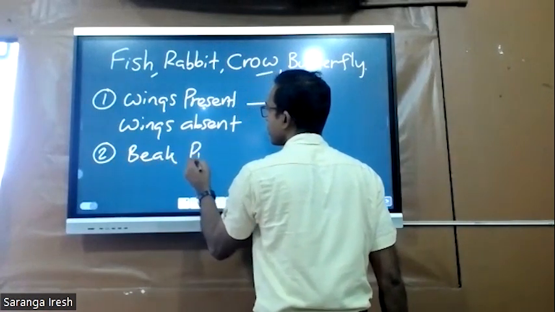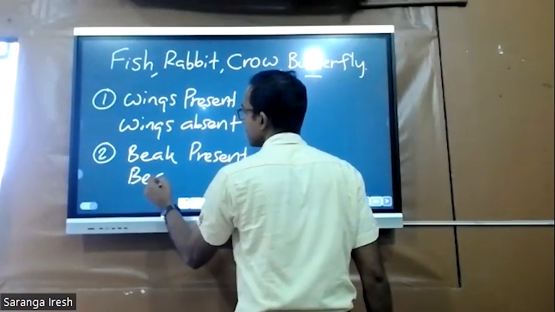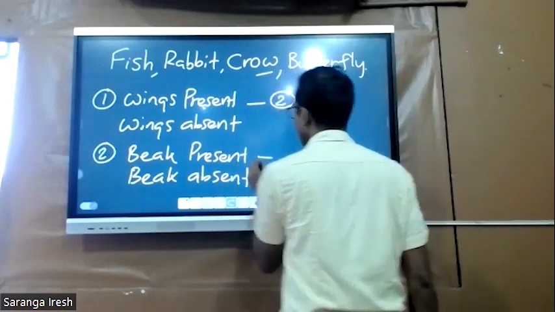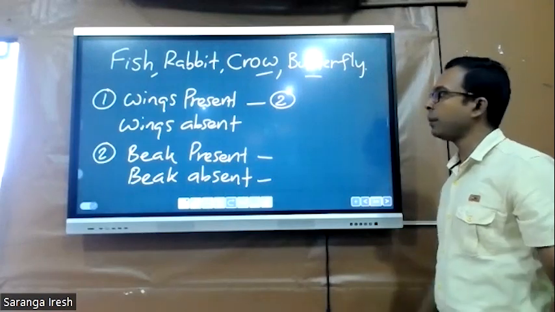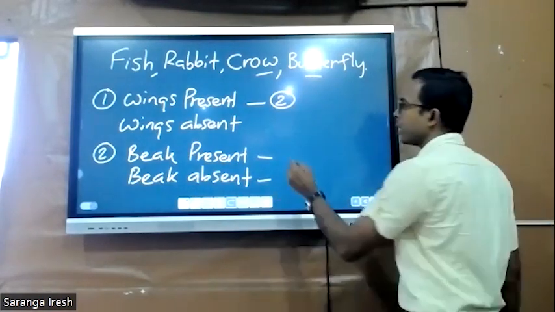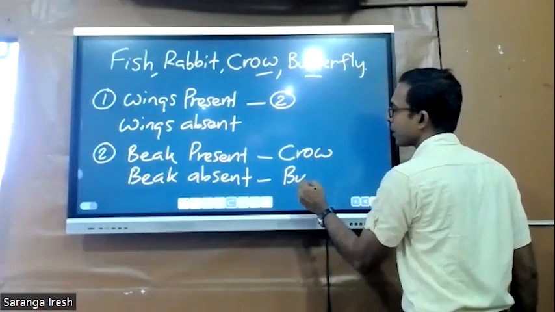Beak present, beak absent. Present is crow, absent is butterfly.